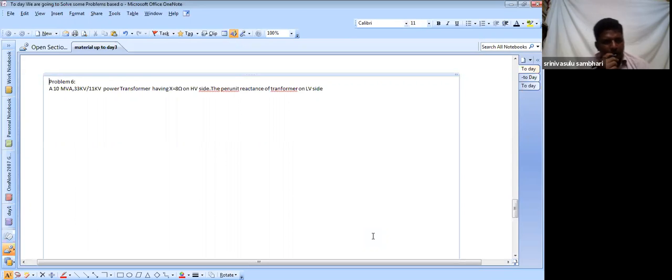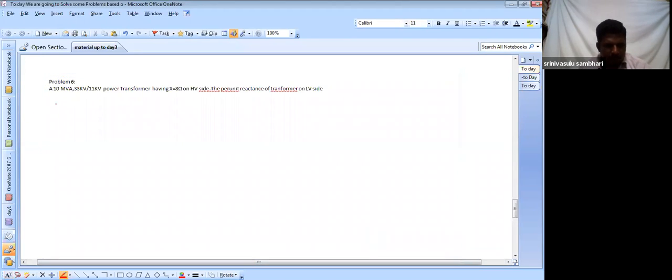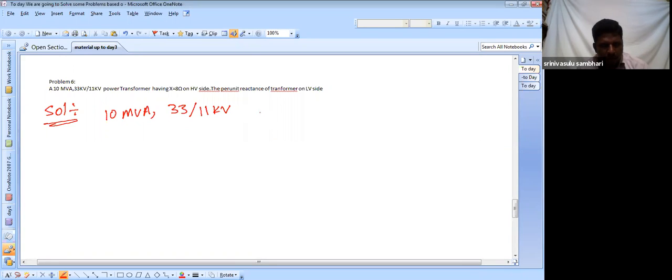Now, what is the given data? A 10 MVA, 33 by 11 kV transformer, X equal to 8 ohms on which side?